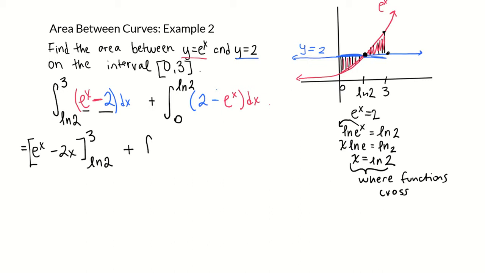To that we're adding the antiderivative of 2, which is 2x. Antiderivative of e to the x, or negative e to the x, is negative e to the x. In this portion we're evaluating from ln of 2 to 0.